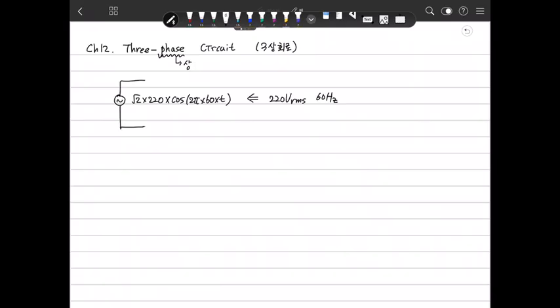Because this is only one voltage source, and because the voltage is a potential difference, we need 2 wires. We call this a single phase circuit. In Korean, 단상회로.